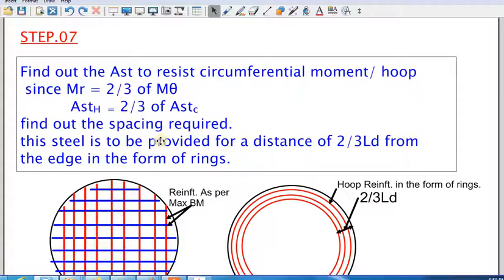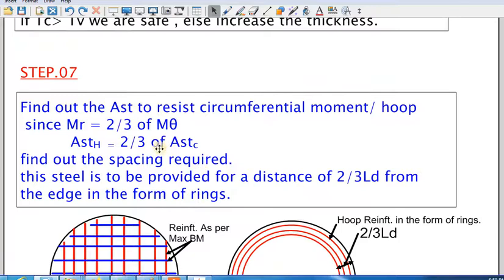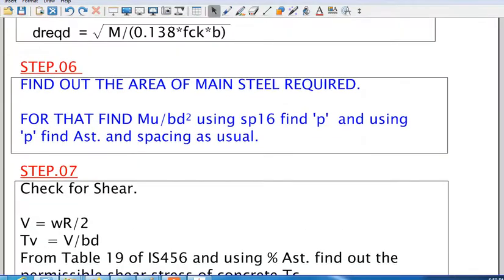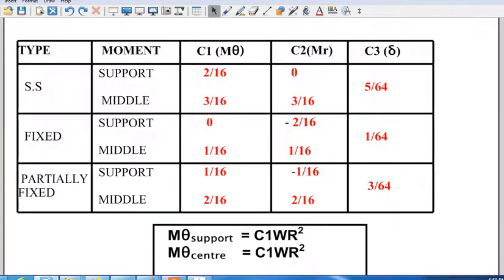So Ast hoop steel is 2 by 3 of the Ast at support. Is there any mistake? It's correct only, right?